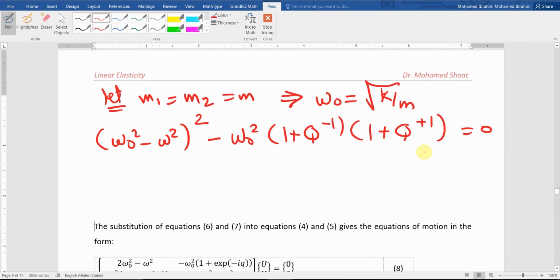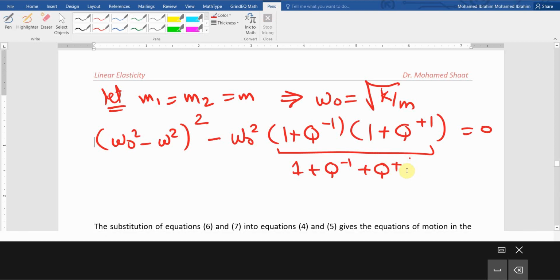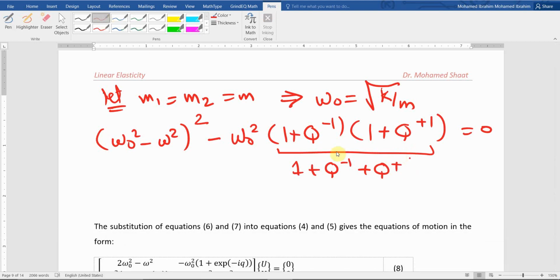Now let us do the multiplication of these q terms. So we're going to end up with 1, plus q negative 1 plus q positive 1, and then we have the 1, because this term is q negative 1 times q positive 1, which should give us 1.